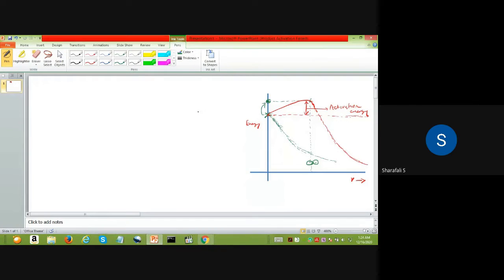Now we will discuss something about the fission of uranium, where you do not have this much energy, so it requires some energy in some form, and then it will go to the nuclear fission reaction.